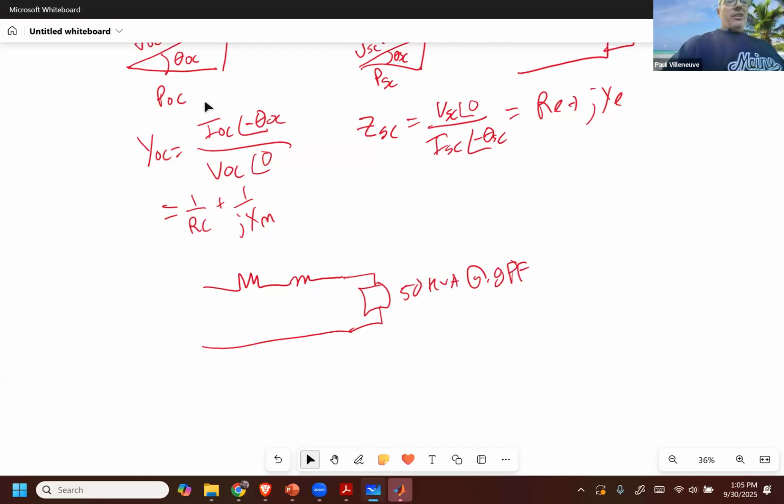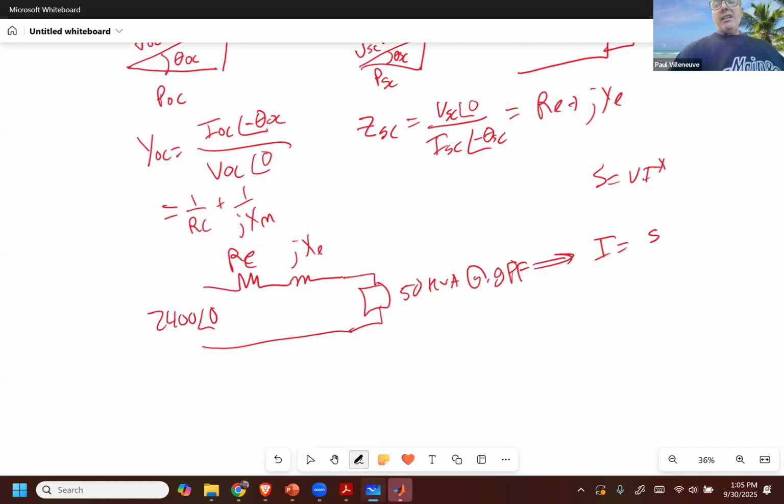So I know that this is 2400 at an angle of 0. I have an RE and a JXE. I can solve this equation for I, right? Because S equals V I conjugate. So I is equal to S divided by V conjugate, correct?